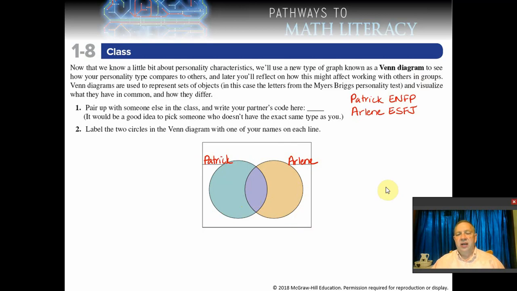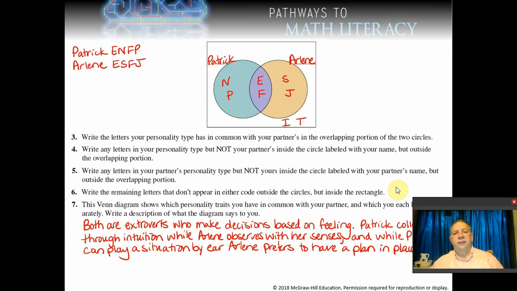Okay, so let's see how that looks in a Venn diagram. So here's Patrick, here's the listing again. So we see if we go through these by pairs, here was an E and an E. Both Patrick and Arlene were type E for that pair, so we're going to list it here in the common. Patrick was a type N, Arlene was type S, so we list those over to Patrick only and Arlene only.